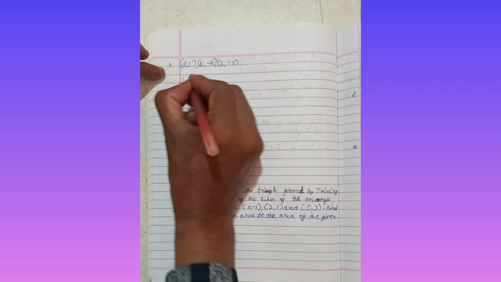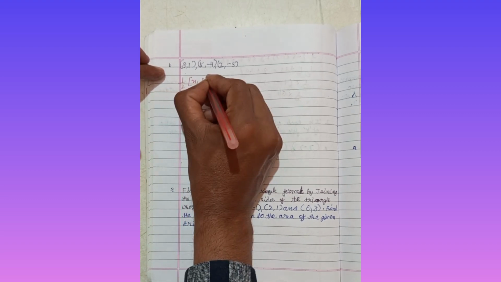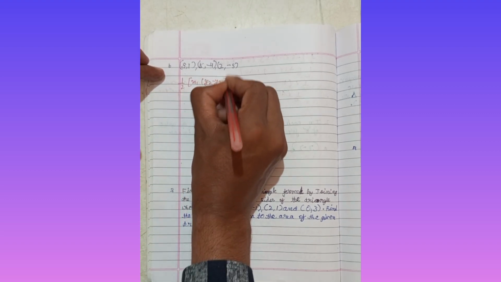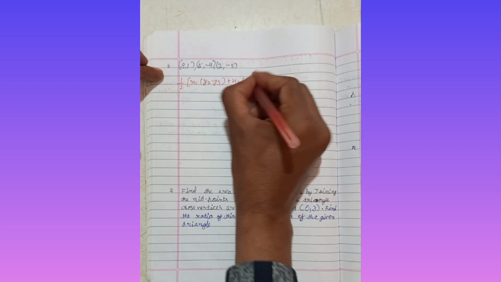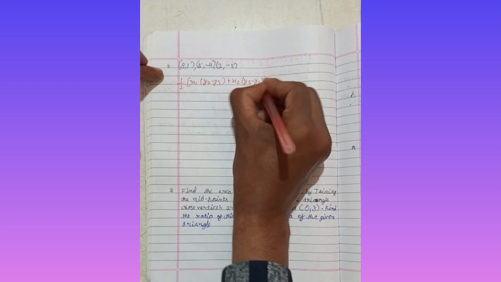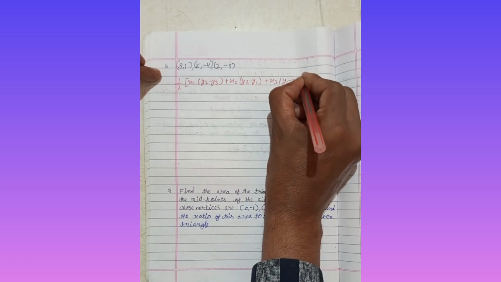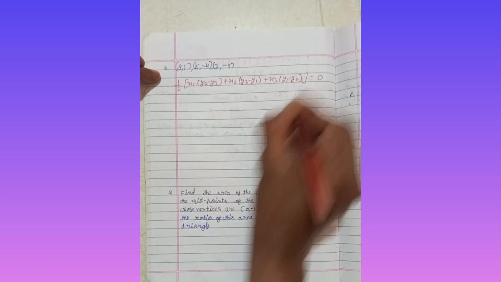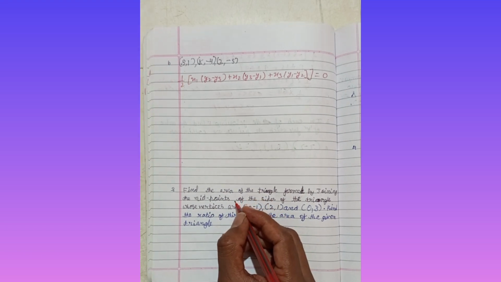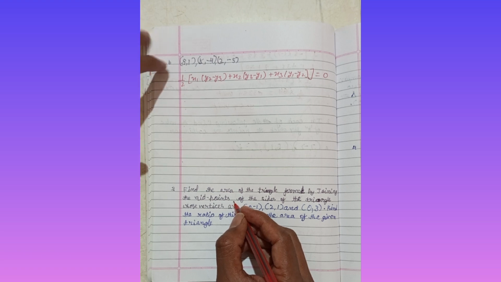So we write 1 by 2 into x1 into y2 minus y3 plus x2 into y3 minus y1 plus x3 into y1 minus y2 is equal to 0. Why? Because we are going to find the value of k, and it is already said that the points are collinear.